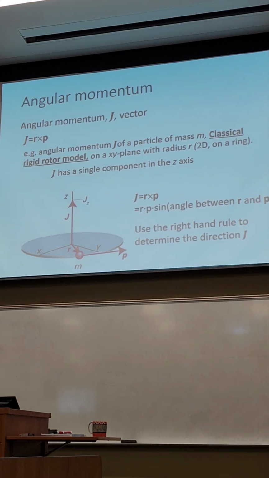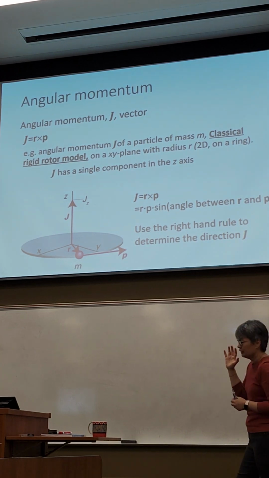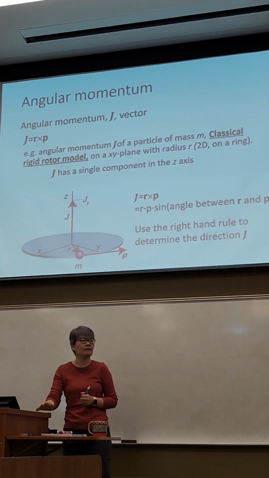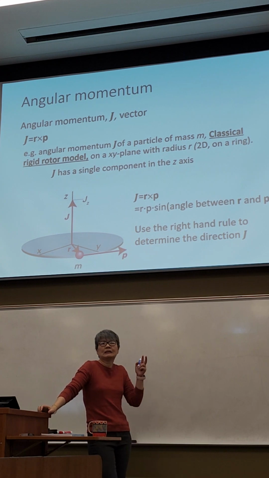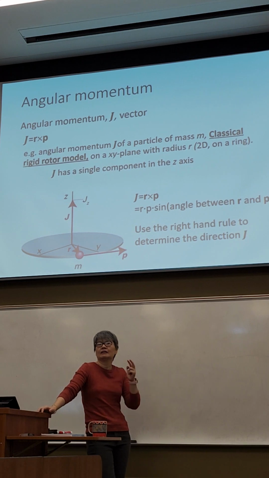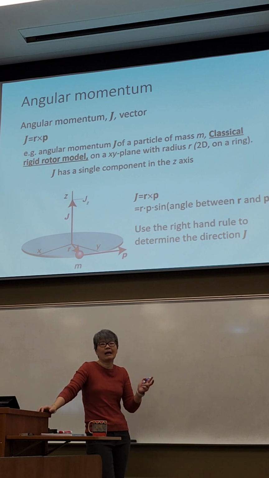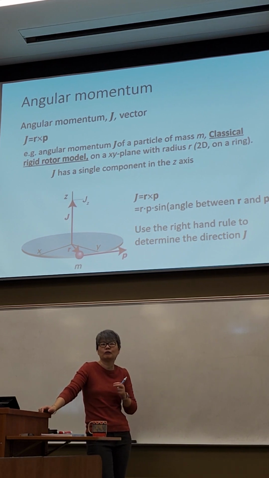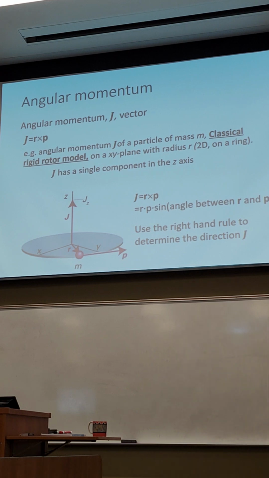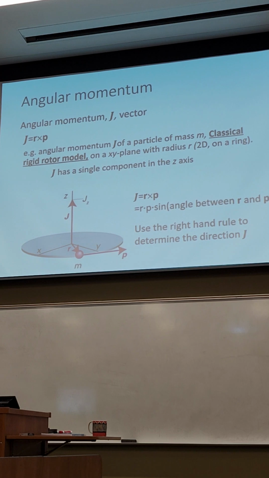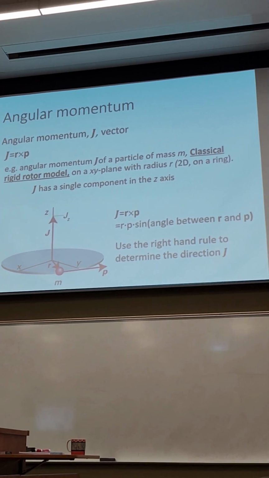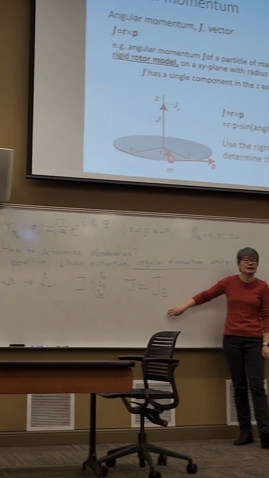And if you use a right-hand rule based on your position and your linear momentum, the angular momentum only resides in the Z component. So therefore, if I'm asking the angular momentum for rotation on the plane, then you only have the Z component, so the total is equal to the angular momentum in the Z.